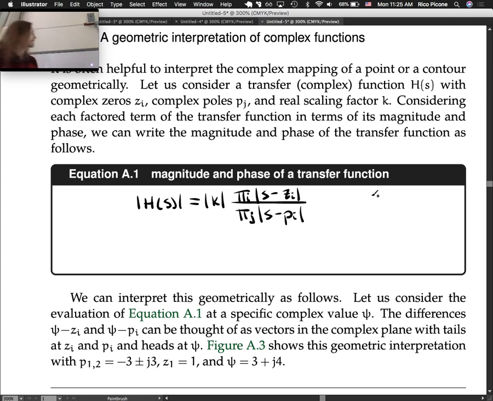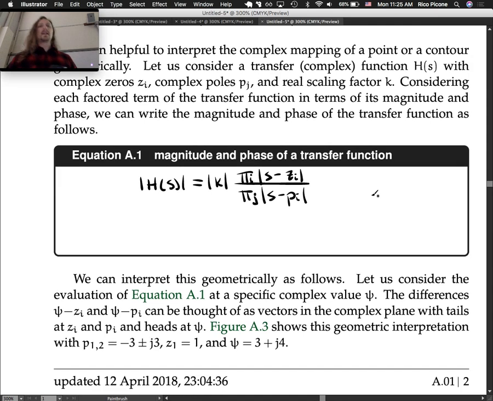Okay? So this is a mathematical statement that's true. The magnitude can be written like this. And we're going to take a geometric interpretation of this in just a moment. But let's also do the phase before we do that.